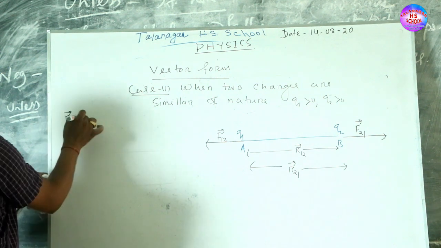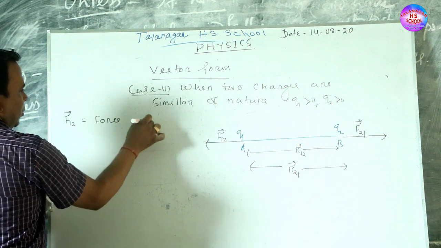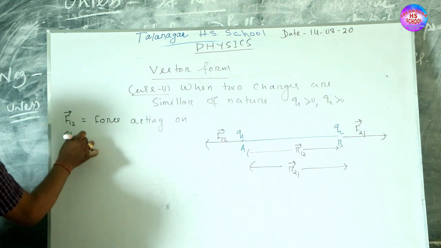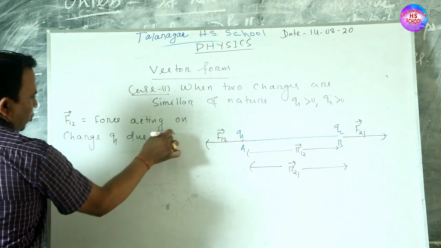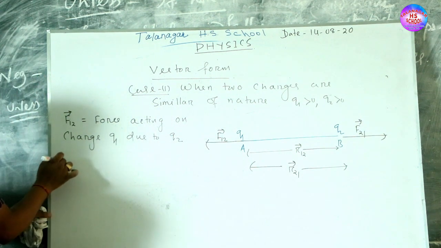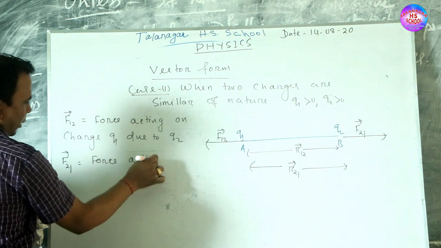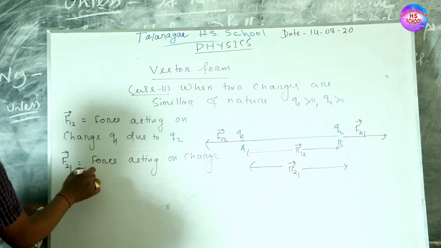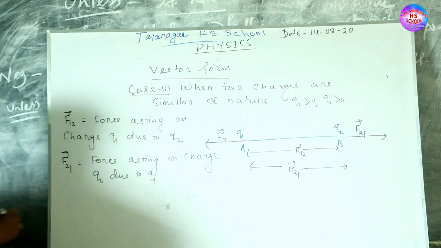F12 is the force acting on charge Q1 due to Q2. F21 is the force acting on charge Q2 due to Q1.